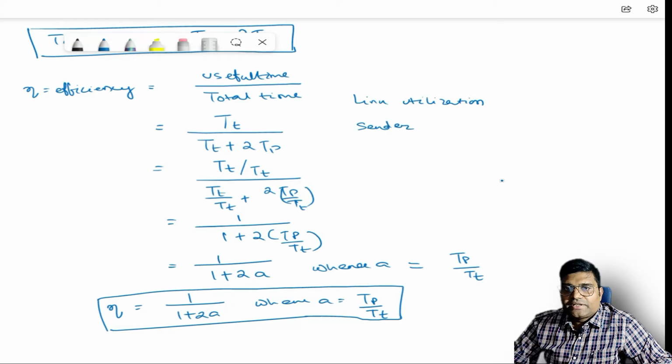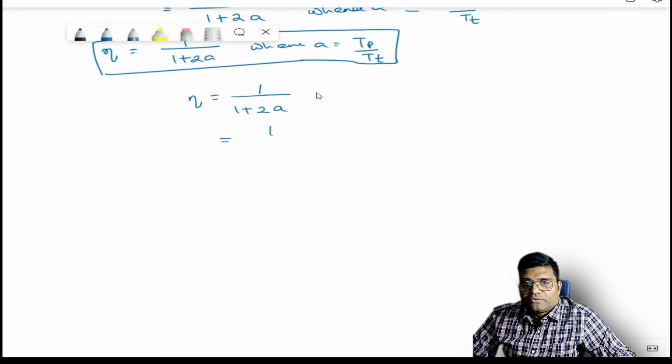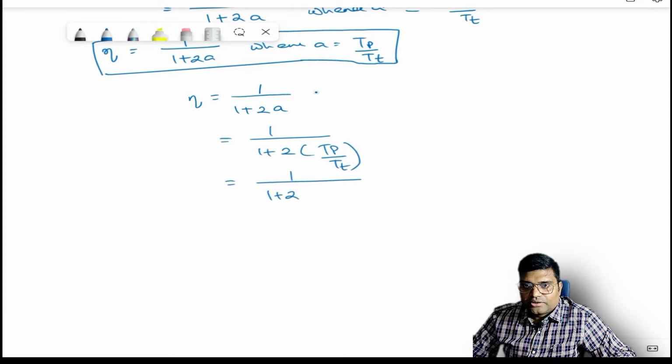As you know, efficiency is 1 upon 1 plus 2A, where A is TP divided by Tt, that is equal to 1 upon 1 plus 2 multiplied by TP divided by Tt. TP is distance by speed and Tt, transmission delay, is L by B. As it is divided by Tt, we can write it as B by L.